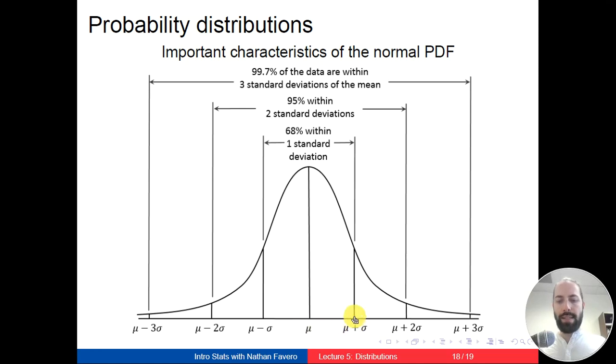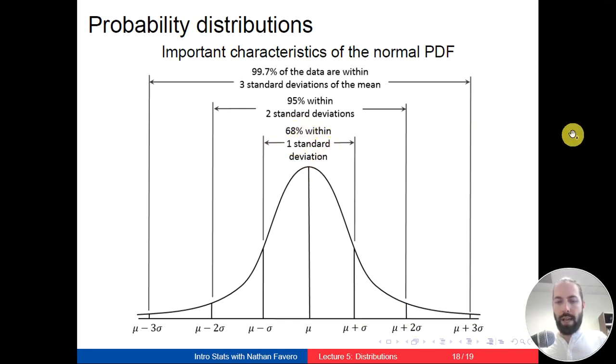If we go one standard deviation above the mean, right, which the standard deviation is represented with this Greek letter sigma, and we go one standard deviation below, then that range being within one standard deviation of the mean, this part of the distribution is going to represent something that is going to occur 68% of the time.